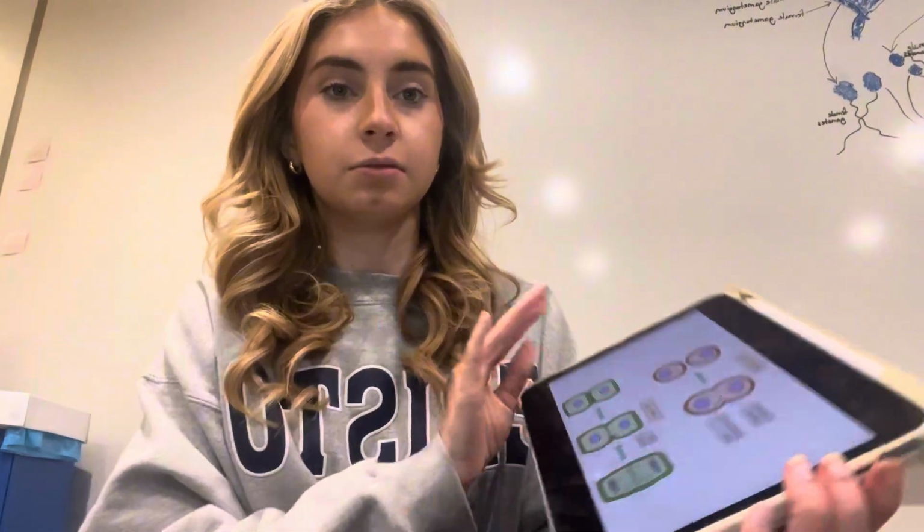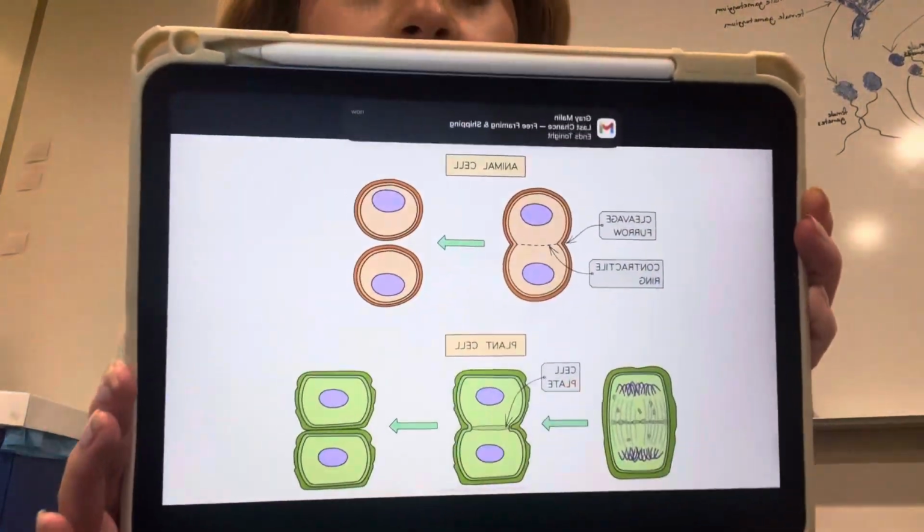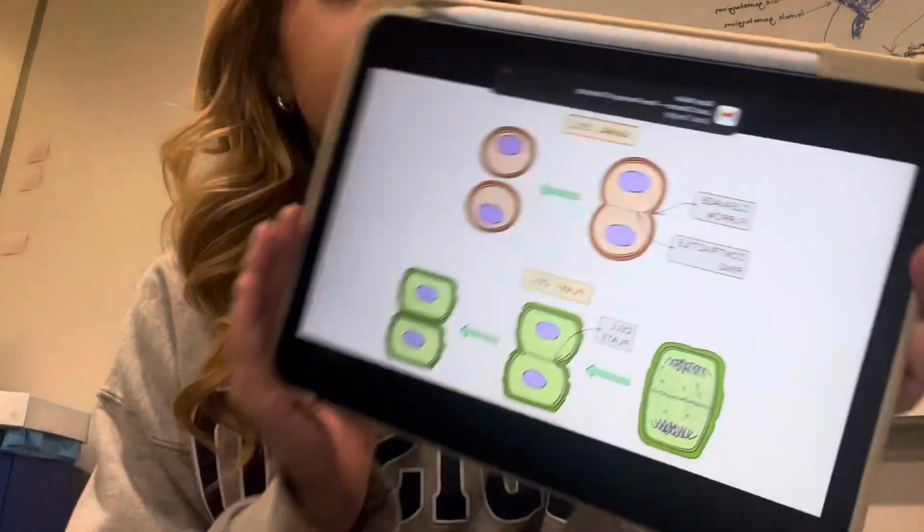It may start in either anaphase or telophase. It depends on the cell, and it finishes shortly after telophase. There are differences between animal cells and plant cells when it comes to cytokinesis, and I found another cool chart here, and I'll have all of the references to these photos linked.